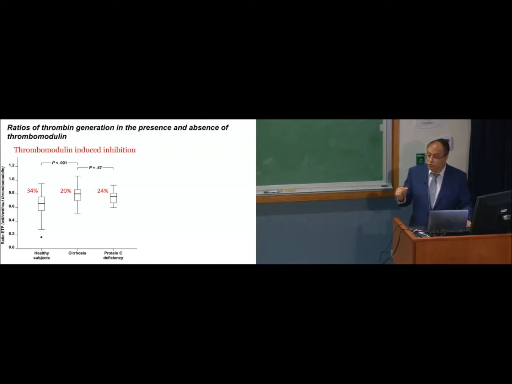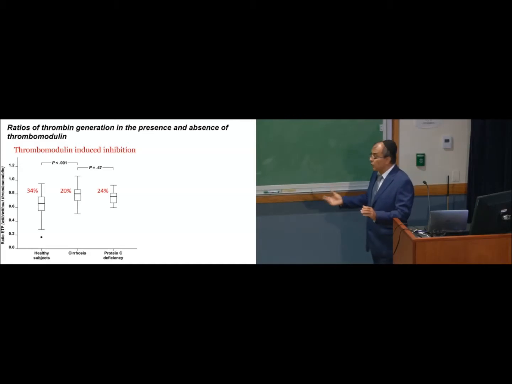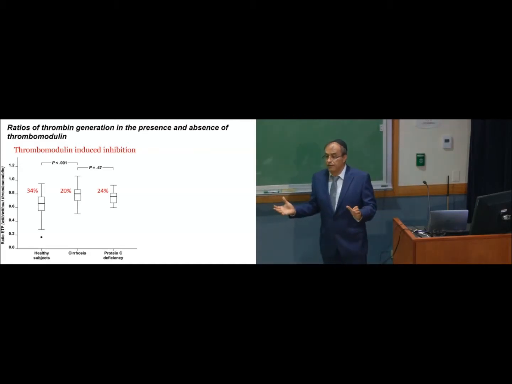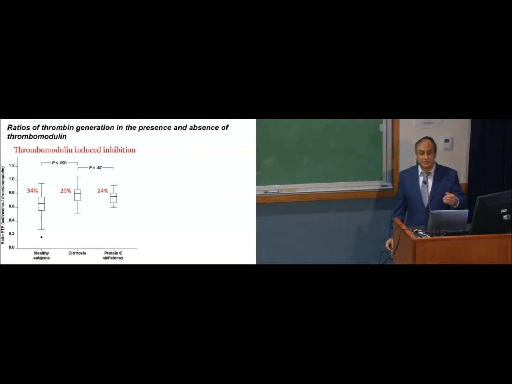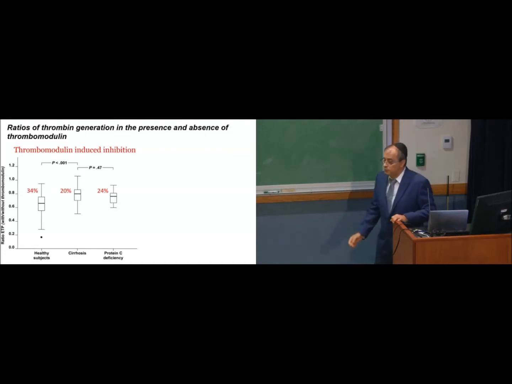And in control, they found that when you unmask the effect of the anticoagulant opposing forces, thrombin generation is decreased by 1/3. But in cirrhotics, it decreased only by 1/5. This resistance to the effect of thrombomodulin, protein C, protein S is most likely due to the low levels of protein C and protein S in cirrhotics.